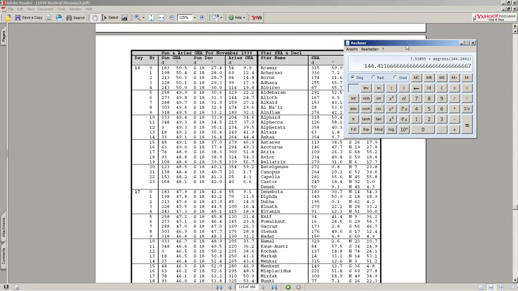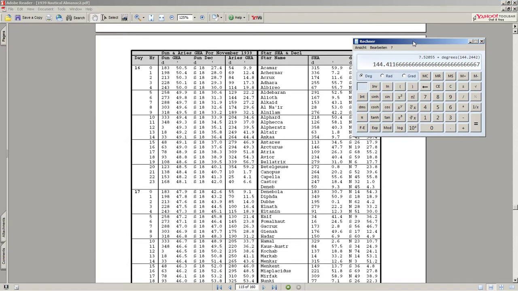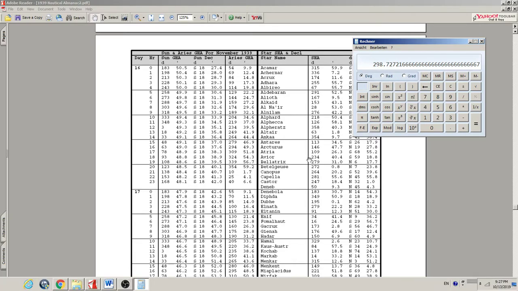So we add that to our number: plus 146.47, because 47.7 divided by 60 gives us the decimal. Convert that to decimals, equals 298.72, our GHA for purposes of entering in here.